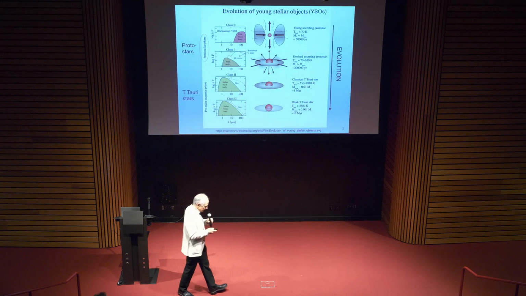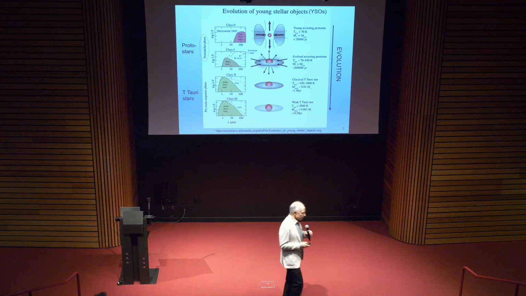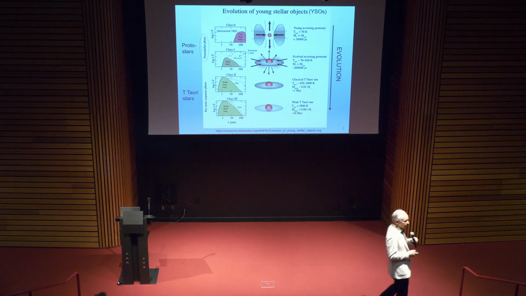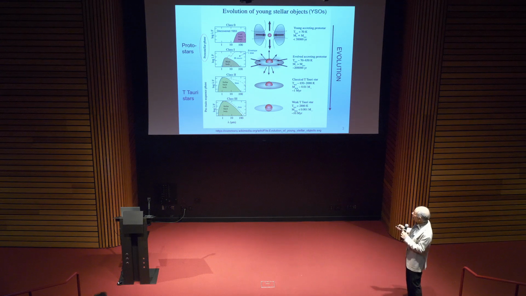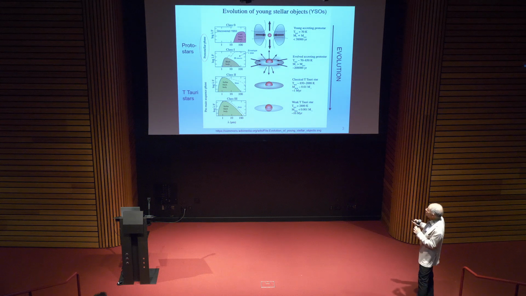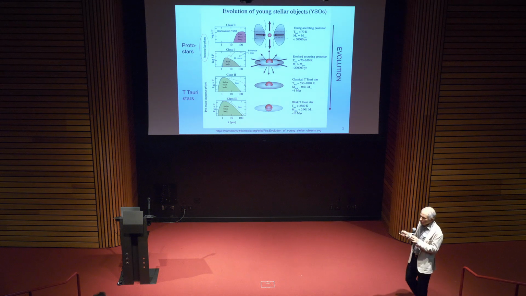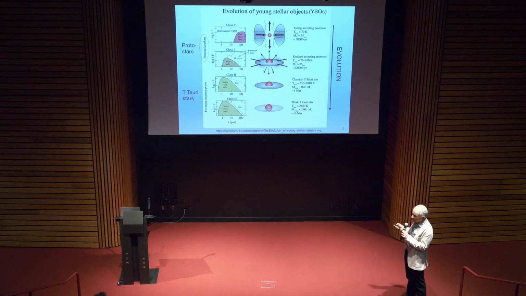Okay, and then this is a similar schematic drawing, but it shows the observational spectral energy distributions associated with each phase. So this is this very early phase where the majority of the mass accretes, called Class 0. It's defined by most of the mass still having to accrete onto the central object.